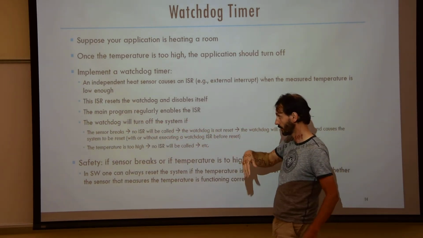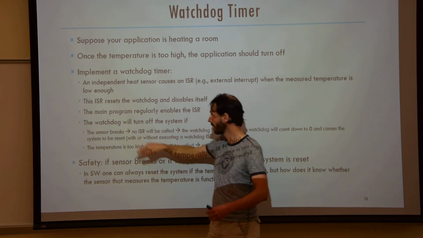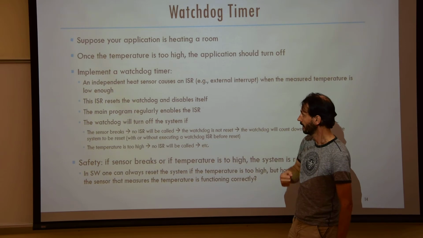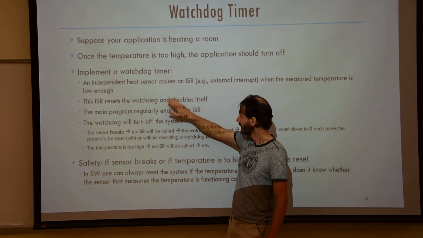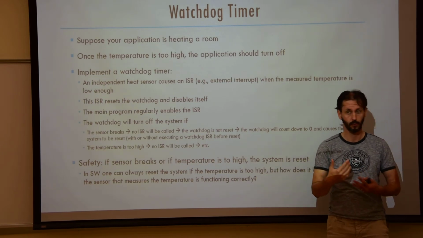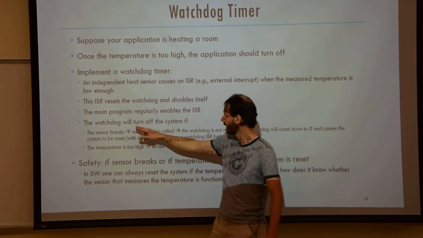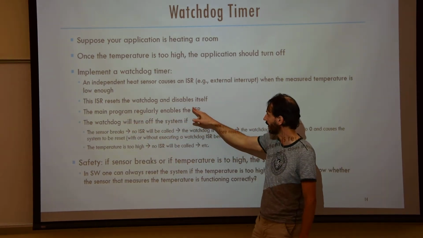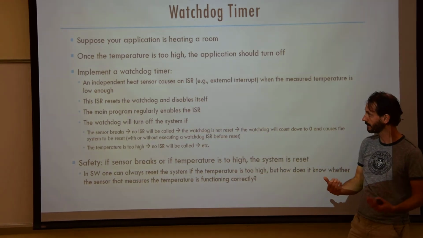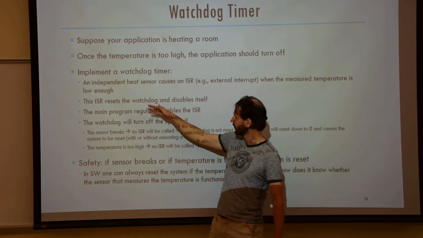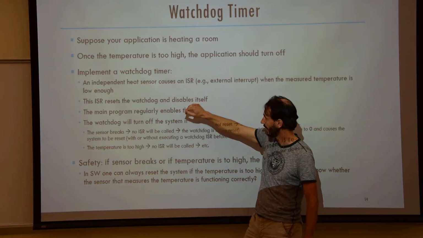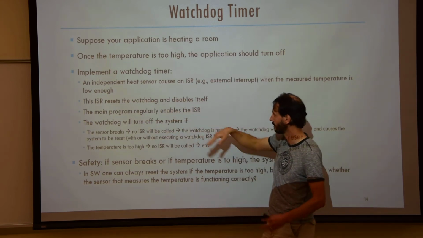Then the main program is in control of regularly checking whether the temperature is low enough. You can program it the way you want. So the main program can regularly enable the ISR related to the heat sensor. Whenever you enable it, you know that when the temperature is low enough, it will call the ISR, reset the watchdog, and disable itself, and so forth.